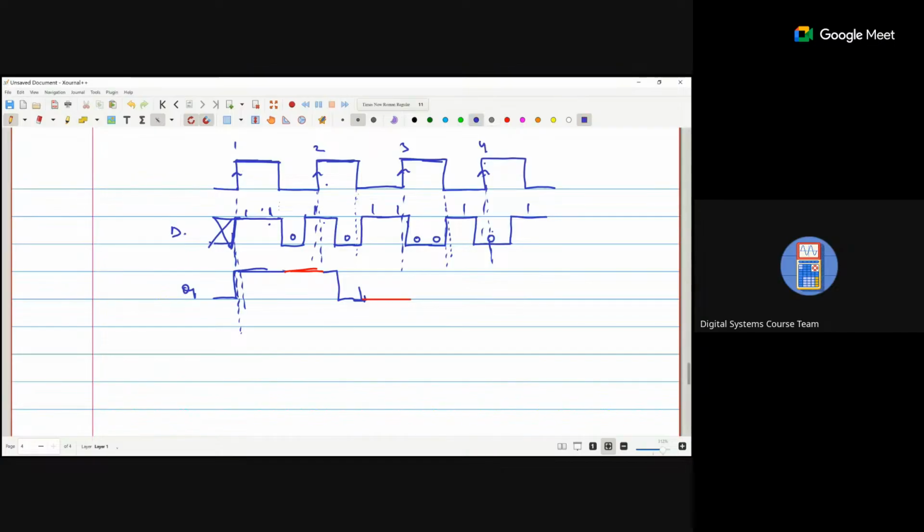If it is 0, then 1 for a short duration, then 0, 0. Again for the negative level, no change. For the positive level, if it is 0, 0, then switch to 1. Then again for the negative level, no change.